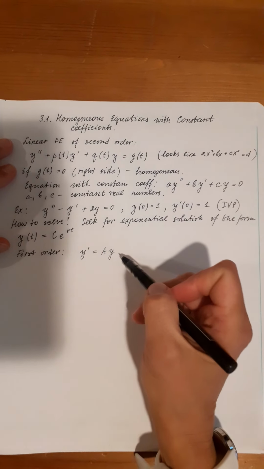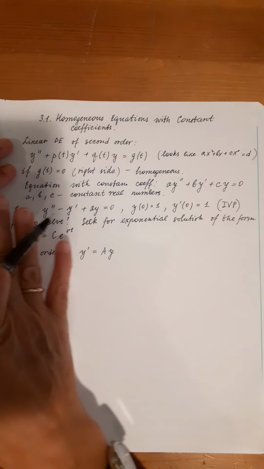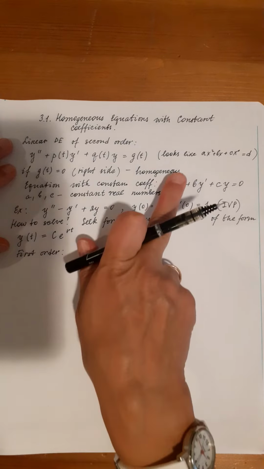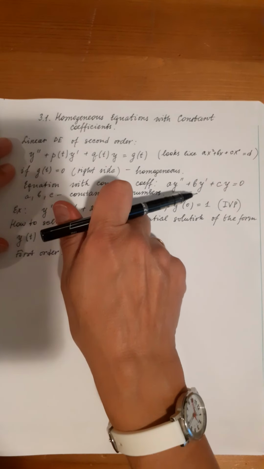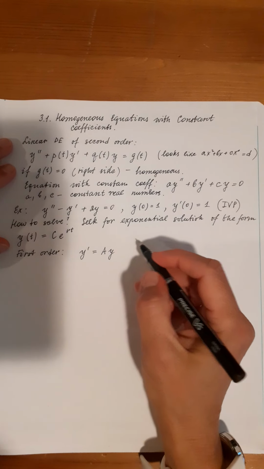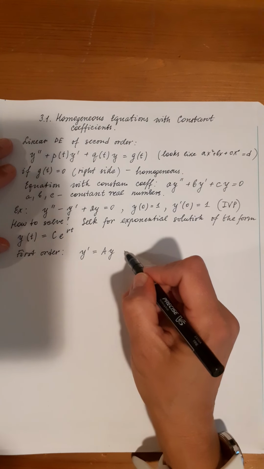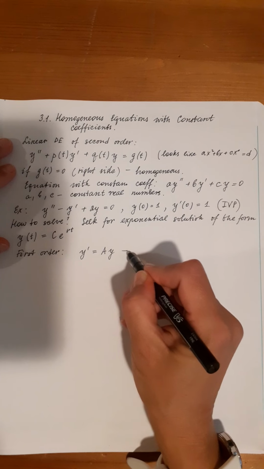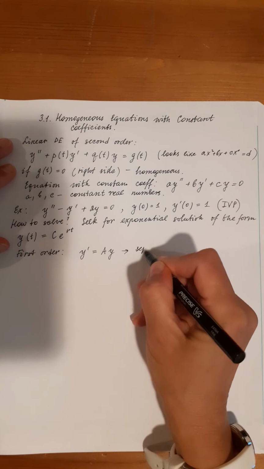A first order equation with constant coefficient, homogeneous. If you cover the second derivative, so you have just the first derivative and the function, that's a first order equation. What can be a solution? Well, this equation is not necessary to solve by a special method. We can do separation of variables. Separate.